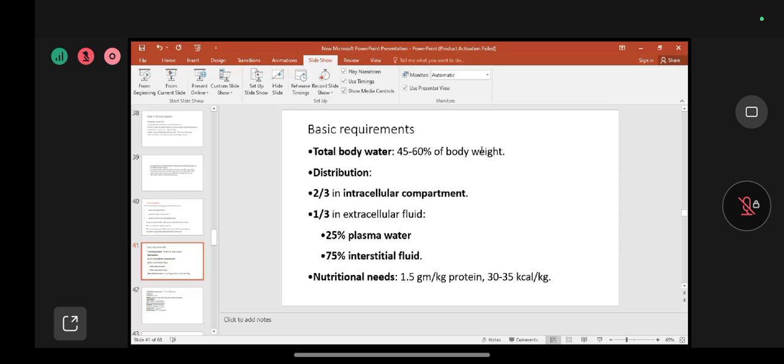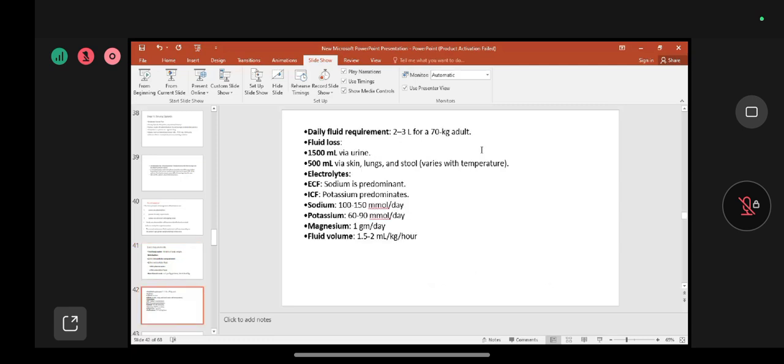In the extracellular compartment, 25% is plasma water and 75% is interstitial fluid. Daily fluid requirement is 2 to 3 liters for a 70 kg adult, with a daily loss of 1500 ml via urine and 500 ml via other sites like skin, lungs, and stool.